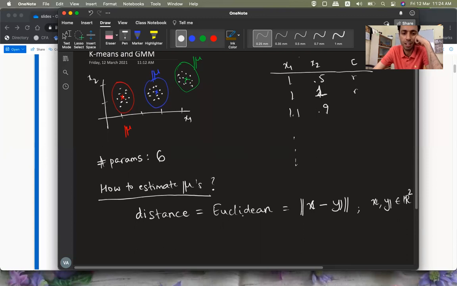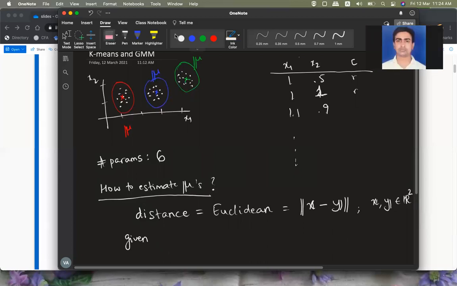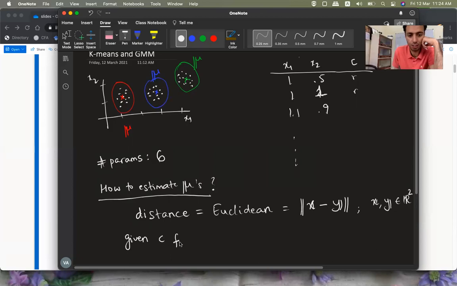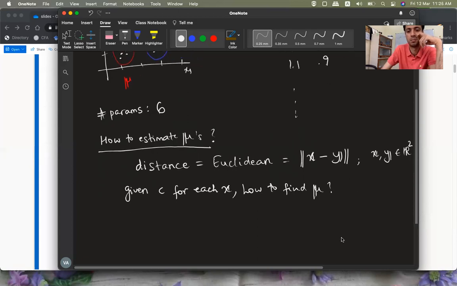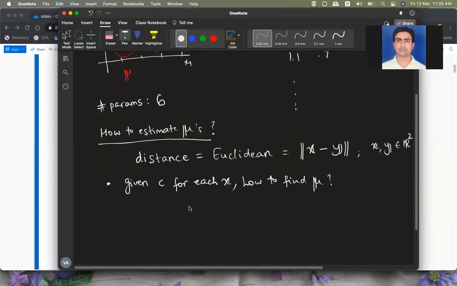Now, how do you choose your clusters? Let us first take, given the clusters, given this mapping, basically given the cluster for each x, how to find mu? The sample mean of the data values all in the cluster.